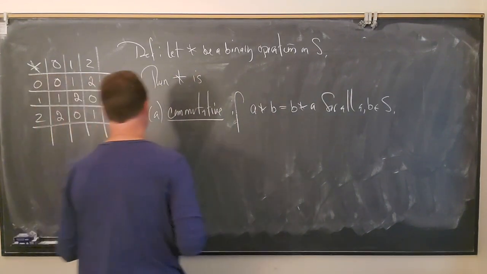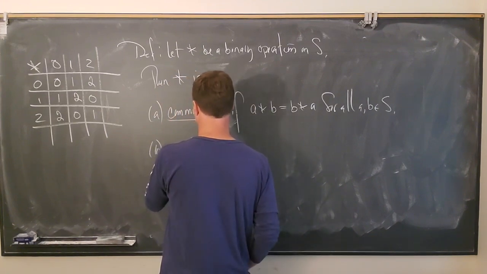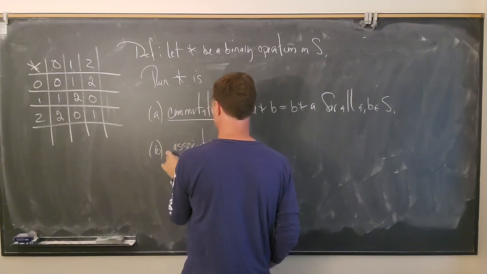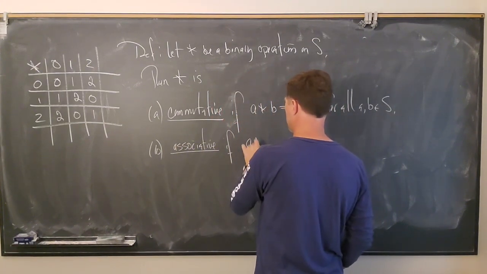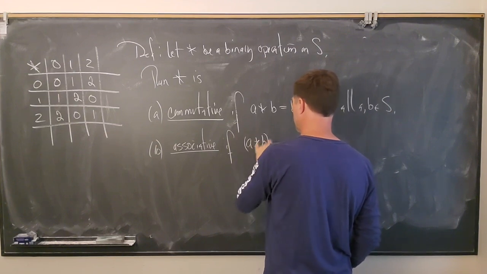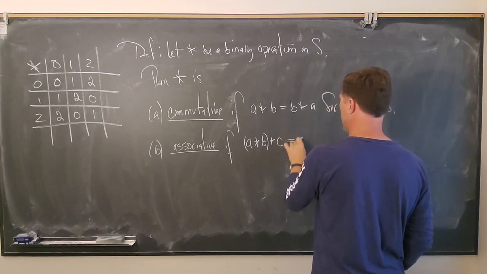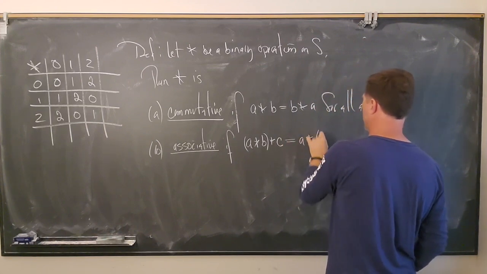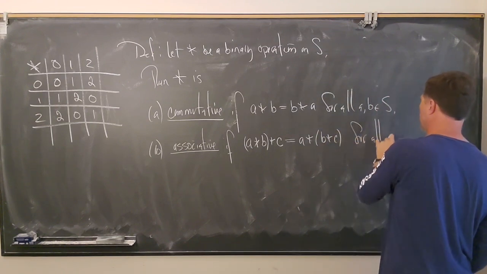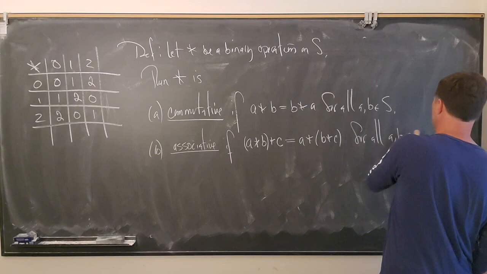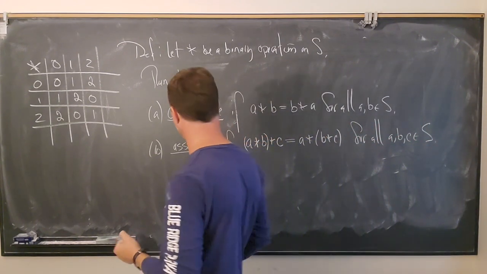There's also associative. So part B, it's associative if A star B in parentheses, star C, is equal to A star (B star C), for all A, B, and C in capital S. So two familiar definitions.